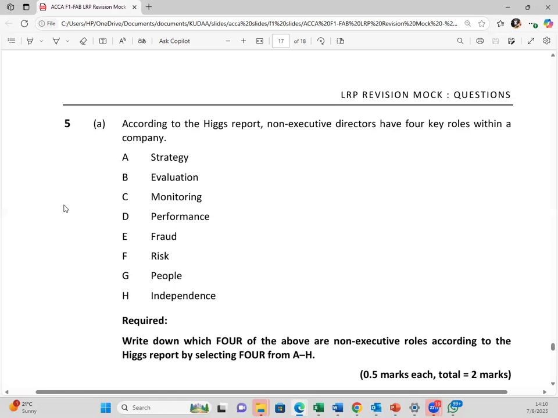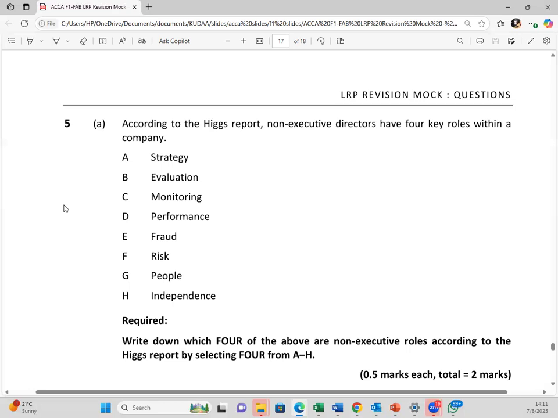Then the other role is also they are supposed to come up with a risk committee that is supposed to monitor the risks that the organization may face. So the non-executive directors are also supposed to ensure risks stay low in the organization. Then the last one is they have a people role.